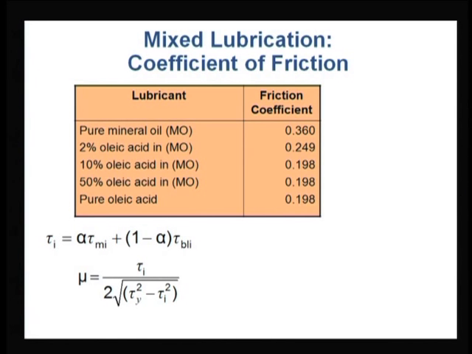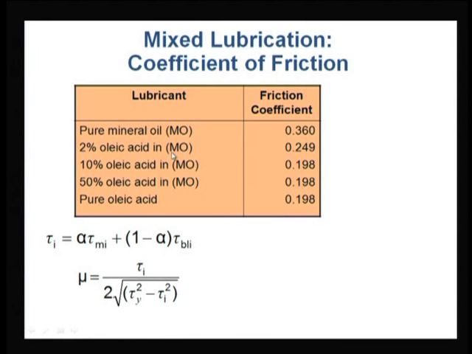Now, we added 2% oleic acid. In that case, what will happen? The coefficient of friction turned out to be 0.249, or roughly 0.25. Increasing oleic acid is decreasing the coefficient of friction, but not to a substantial level, and subsequent increases in oleic acid are not going to give us much result.